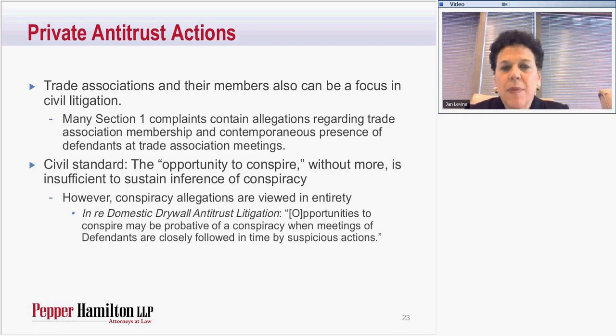Trade associations and their members can be a focus in civil litigation. Many Section 1 complaints, in addition to a lot of other allegations, also contain allegations regarding trade association membership and contemporaneous presence of defendants at trade association meetings, largely because you can claim competitors were in the same place at the same time.